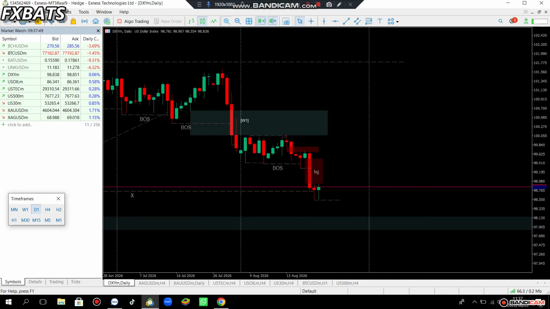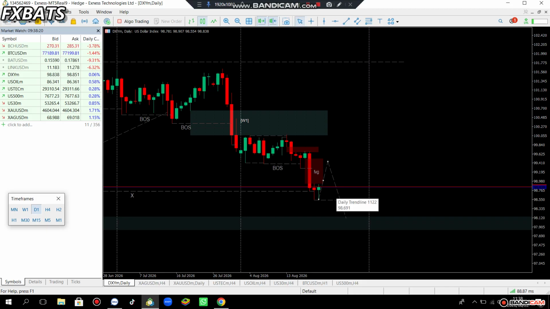So according to what we see on DXY, we have a beautiful fair value gap which was left behind, and this is the one. So this fair value gap, I'm hoping that price starting on Monday, Tuesday, happens to buy, and this buy, we're buying towards our context area where we're hoping to frame some shorts towards the downside.